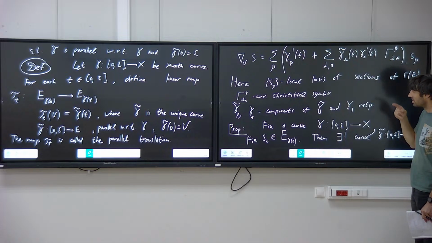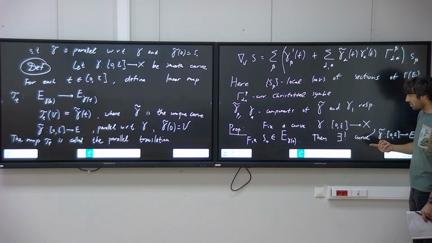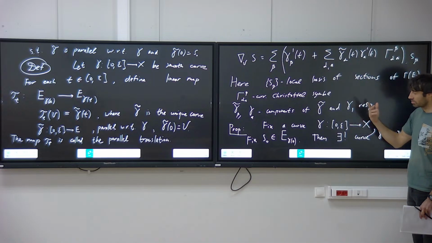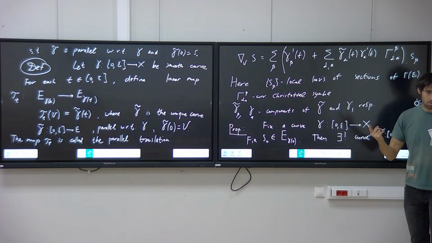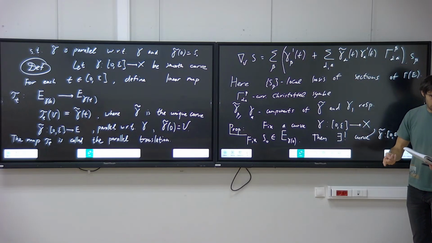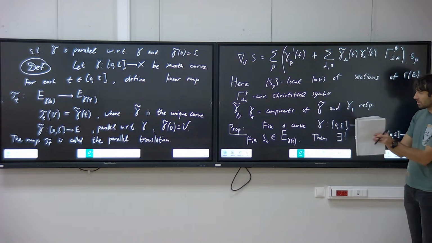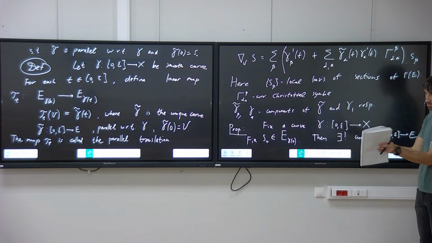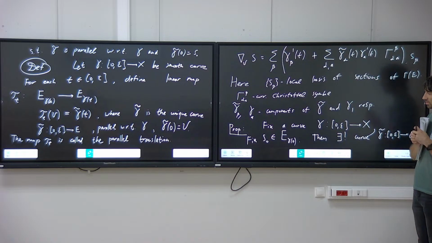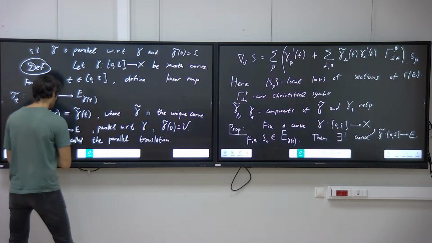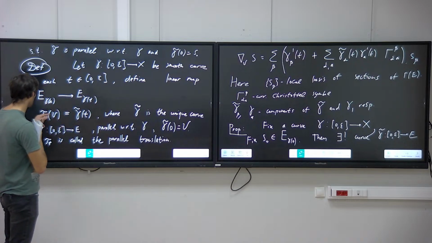Therefore, if I have two solutions, then a linear combination of the two solutions is again a solution. So if I have two solutions with two initial conditions, to make a solution with an initial condition which is the sum of them, I just sum these two solutions. This is why this map is linear.